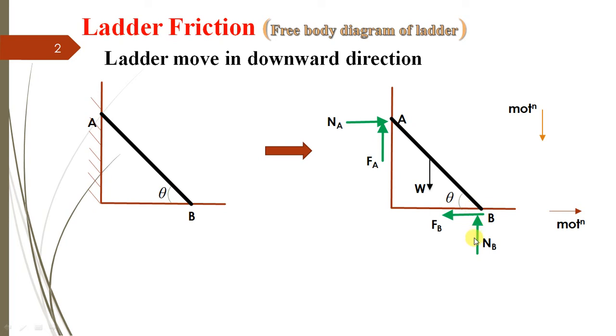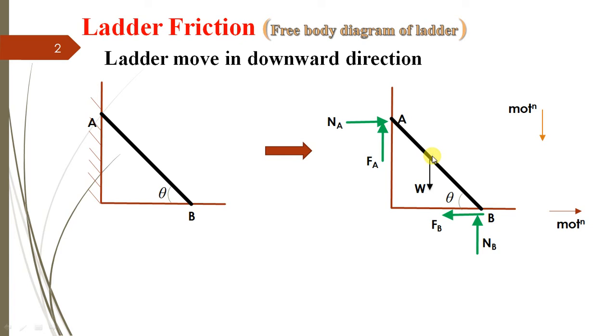Similarly, the normal reaction offered by the ground on the ladder is shown by the notation NB, as well as the self weight of the ladder is shown by the notation W. If L is the length of the ladder, the weight must pass through the centroid of the ladder. Assume this point is C, through which the weight passes.